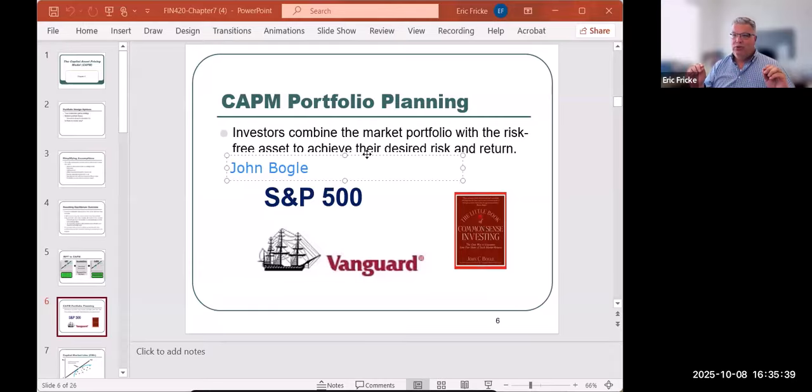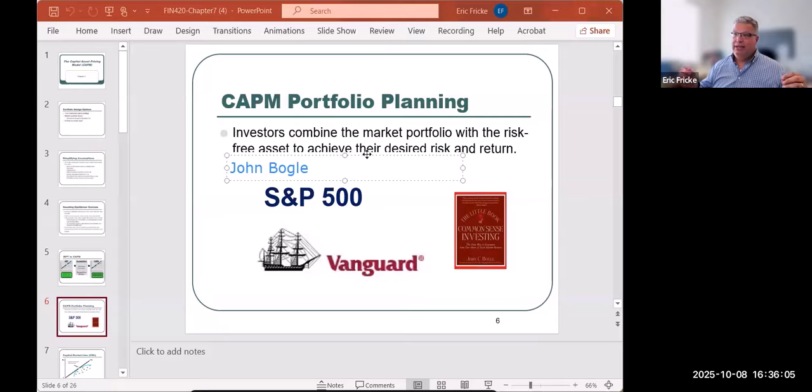All it did was try to emulate the S&P 500 index that represents the U.S. equities market as a whole, and he founded a company called Vanguard. That's why if you look at mutual fund companies, you see Vanguard is one of the biggest, because this idea really took off.